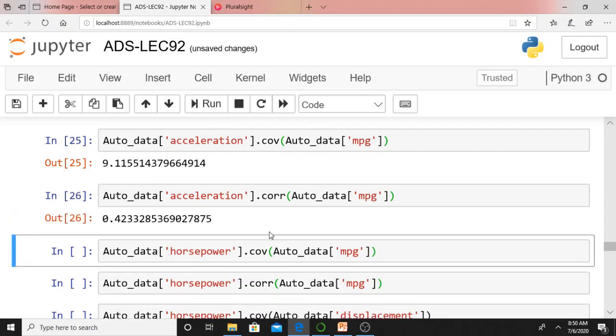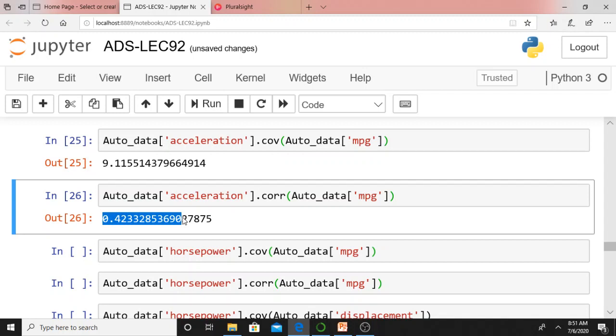What is its value? You can see that the correlation is 0.423328. This correlation captures the strength of a linear relationship between two variables.